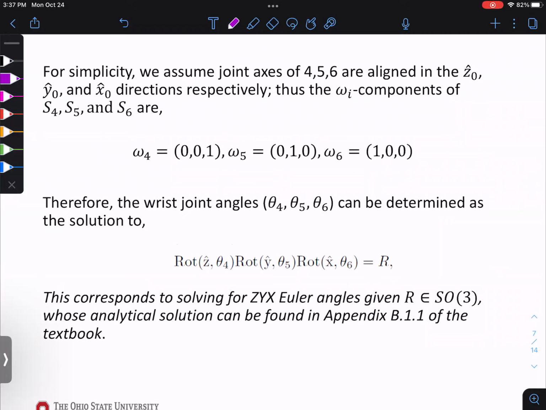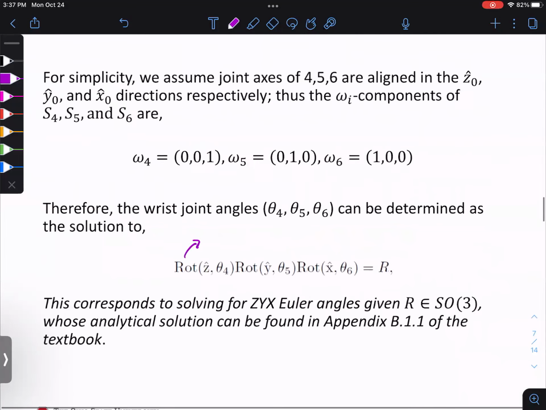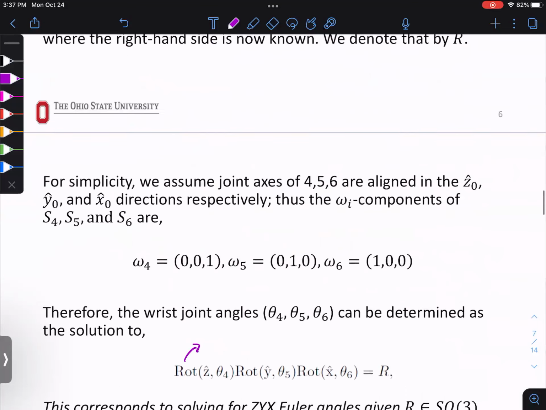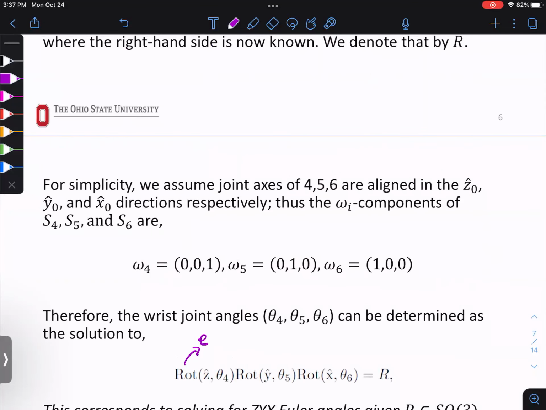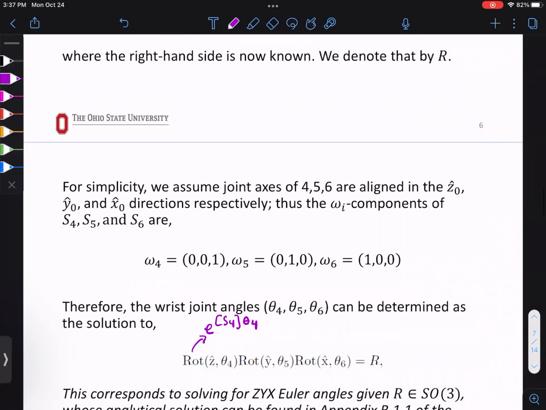Why can't I write this? Instead of this, I wrote rotation about Z by theta 4, saying that I know what Z is. Why can I do that?